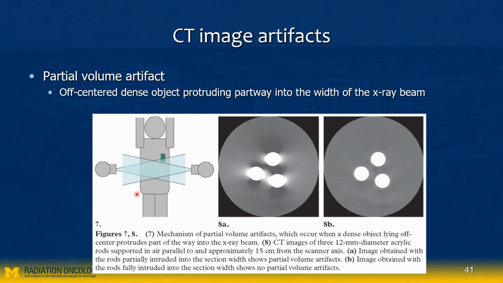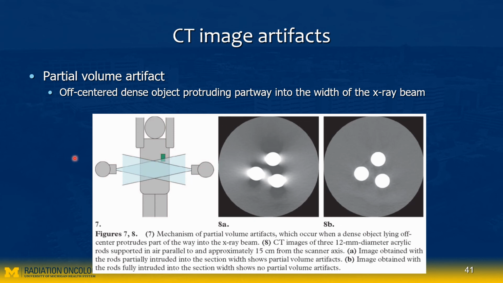Here's another situation of partial volume effect. So if you have an off-centered, very high-density object, okay, such as a pacemaker, the object protruding partway into the width of the X-ray beam. So when we acquire an image at this gantry angle, we will not see this object.